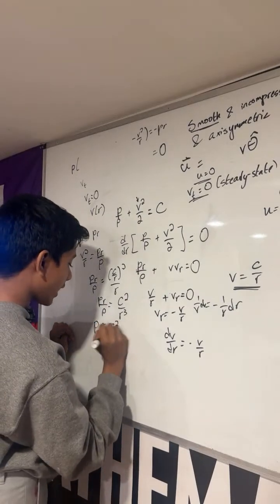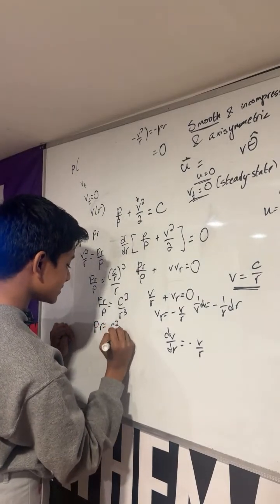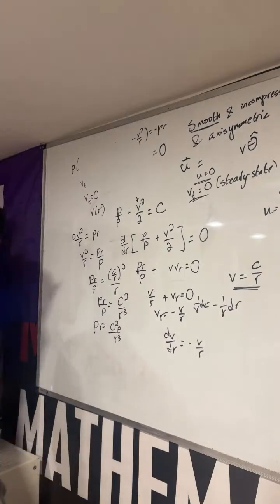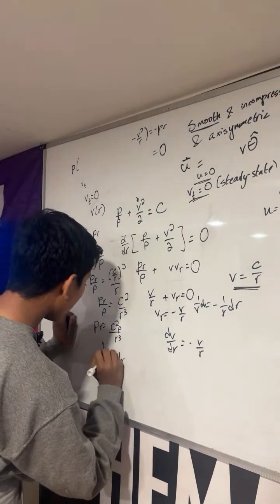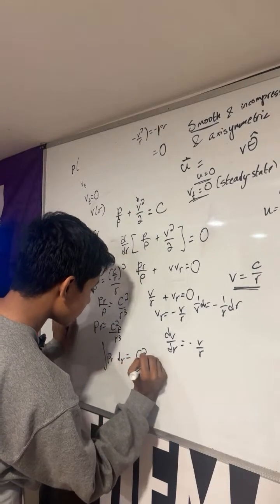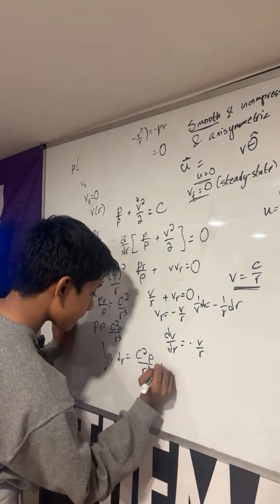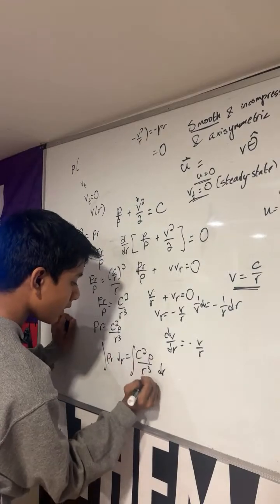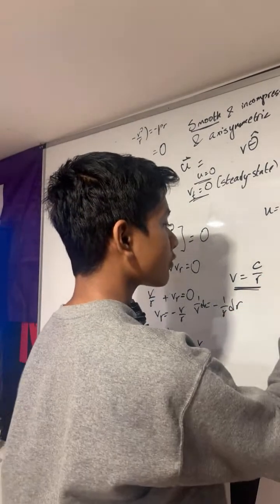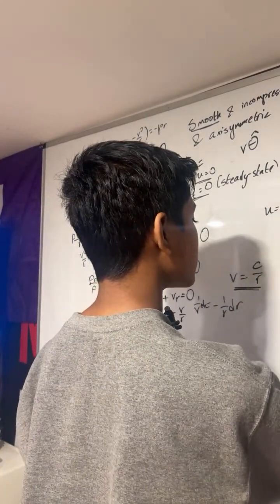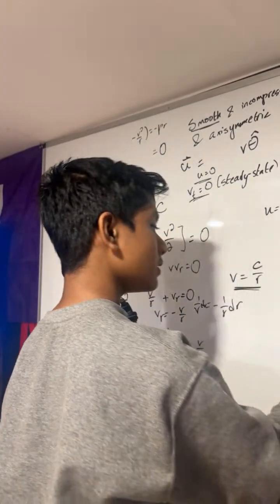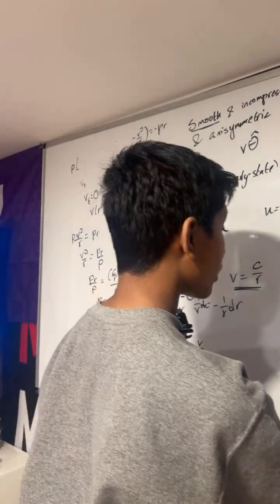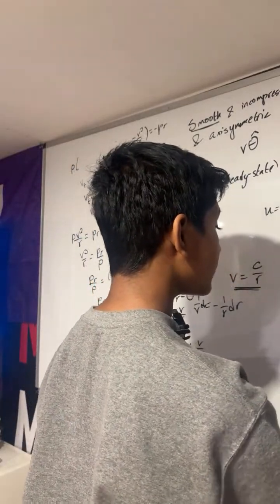So now all we have to do is integrate it since this is a single variable function. Now, integrating on both sides with respect to r gives us what? Well, the integral of 1 over r cubed dr, you just use the reverse power rule and obtain 1 over r squared multiplied by negative 1/2.